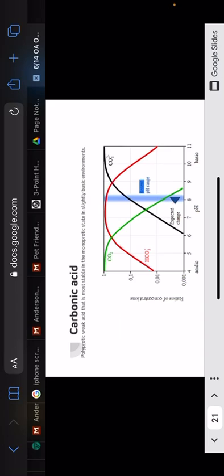All right, so coming back from watching the Bozeman video, you should have noticed that he showed this graph in the video. And what's really interesting about this is if you look at the pH that we are currently at, this blue zone, what's favored in the blue zone is the hydrogen carbonate or bicarbonate.